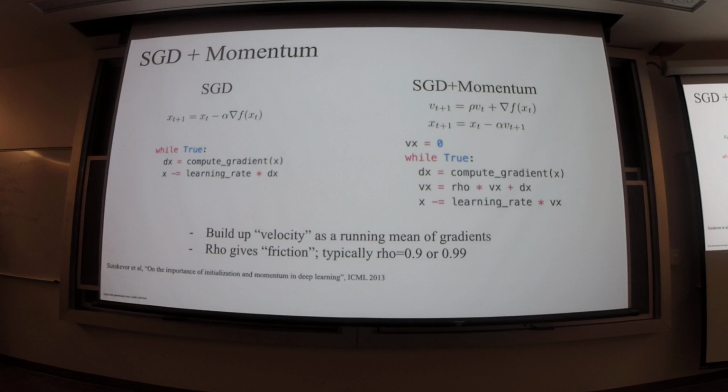So like Vn is some sum, k goes from 1 to n, and these are all of the previous steps, and you have your gradient. I have this the wrong way. N minus k. Something like that. So the point is that it's keeping around a history of all your previous gradients.